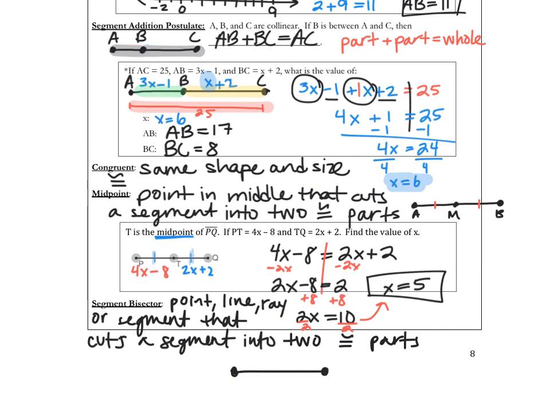I'm going to use a line to cut through that segment, which if I am told that it's a bisector, then I know that these two pieces are congruent. So it doesn't have to be a midpoint. It could be a line, a ray, or a segment as well that's cutting it in half, which we call bisect, which means two parts, bisect.